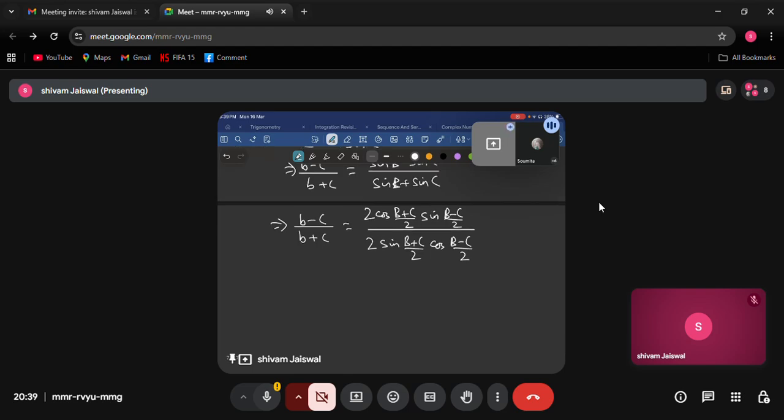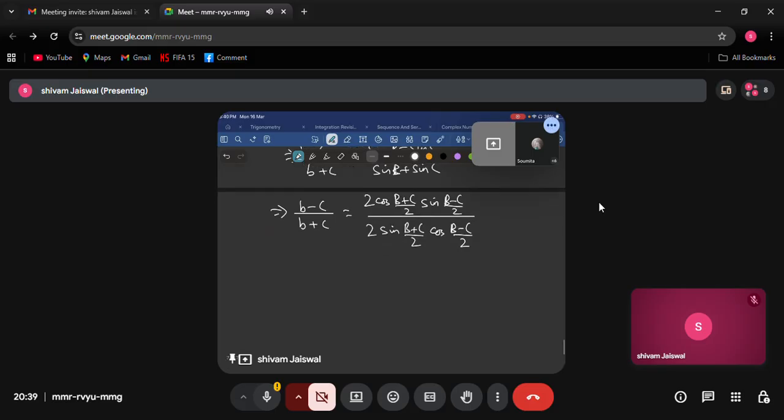Now, B plus C is pi minus A, right? So the 2 gets cancelled. This will be equal to cos of (pi by 2 minus A by 2) into sine (B minus C) by 2 by cos (B minus C) by 2, which is tan of (B minus C) by 2, divided by sine of (pi by 2 minus A by 2).